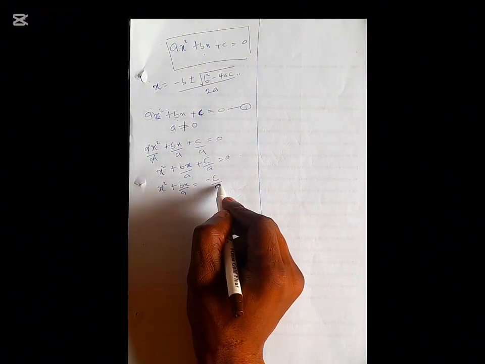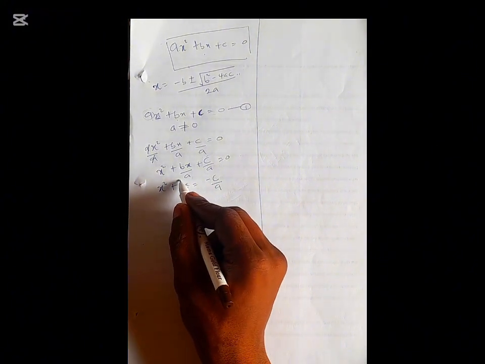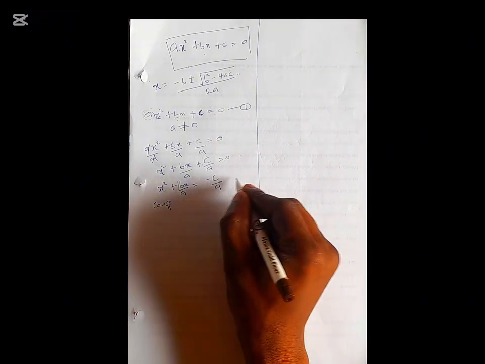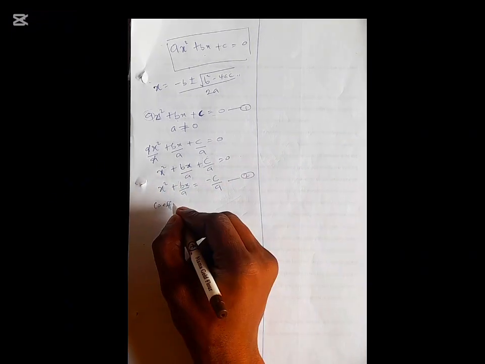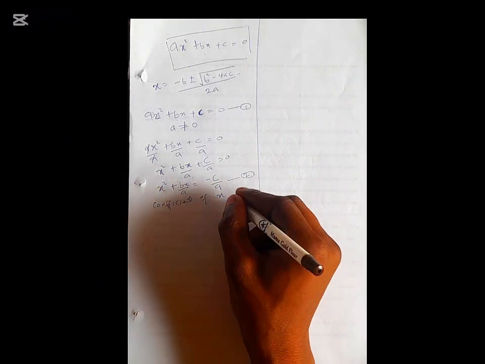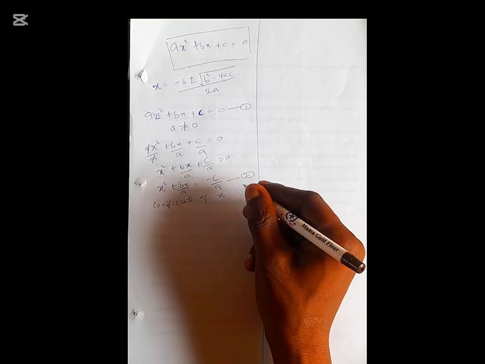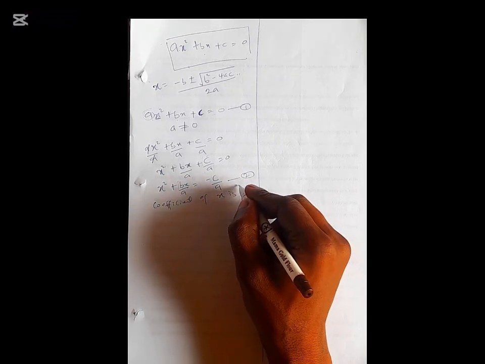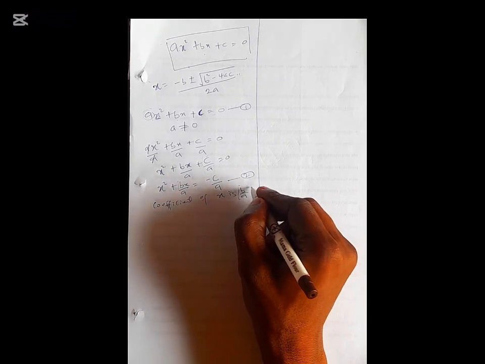After establishing this, let me call this one equation 2. Go to the coefficient of x, which is b over a. Then divide it by 2 and then square it.